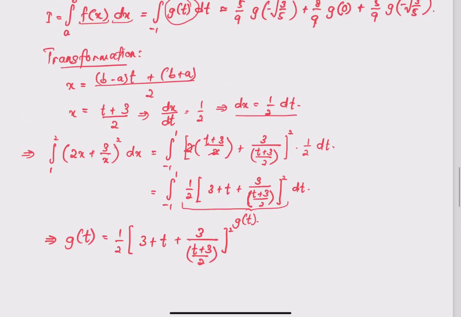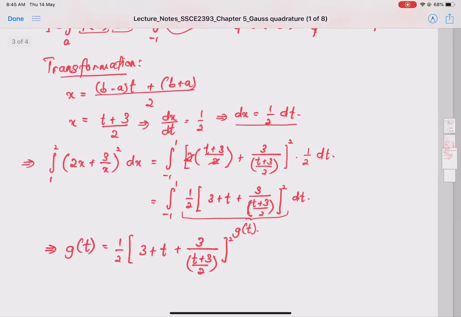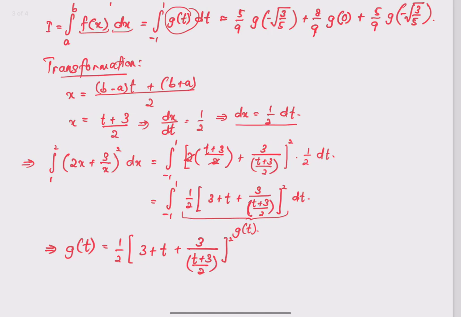And if we want to use the 3-point Gauss quadrature, we need these three values: what is g when t is equal to negative root 3 upon 5, when t is equal to 0, and also when t is equal to positive root 3 upon 5.